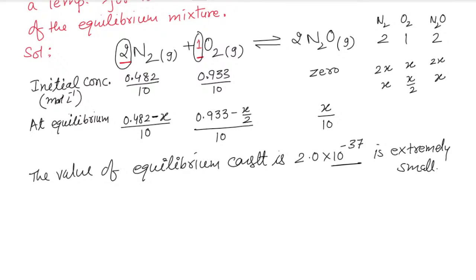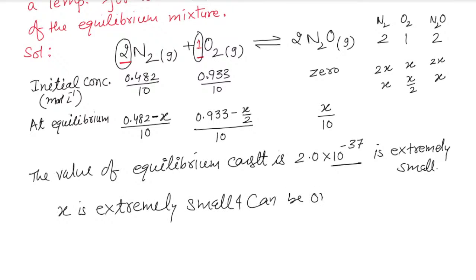Very small amount of reactants have reacted, that means X is extremely small, and that's why can be omitted as far as reactants are concerned, because see, this X is decreased from 0.482, X by 2 is decreased from 0.933, and this value is very less. That's why it can be neglected.